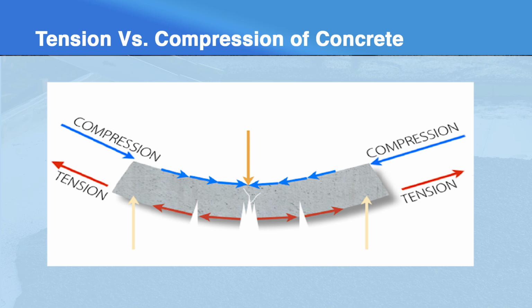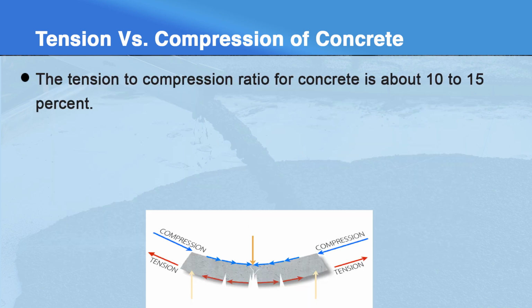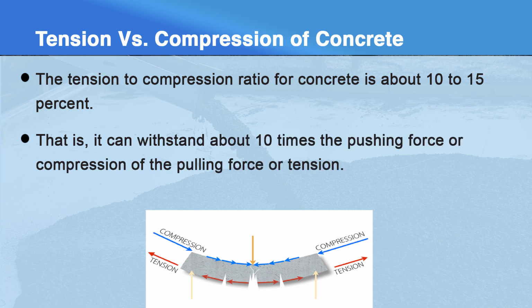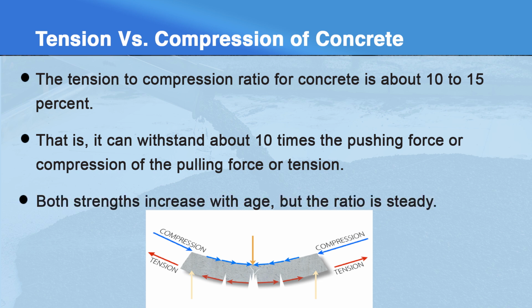Different weights in different areas produce tensile forces. The tension to compression ratio for concrete is about 10 to 15%. That is, it can withstand about 10 times the pushing force or compression of the pulling force or tension. Both strengths increase with age, but the ratio is steady.